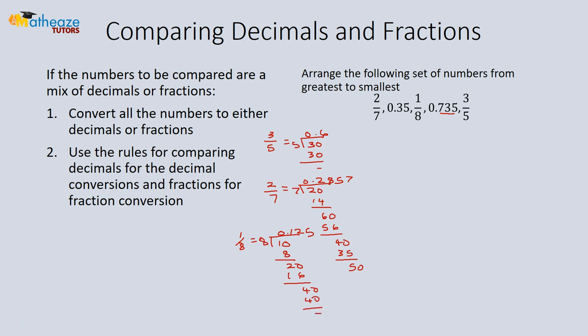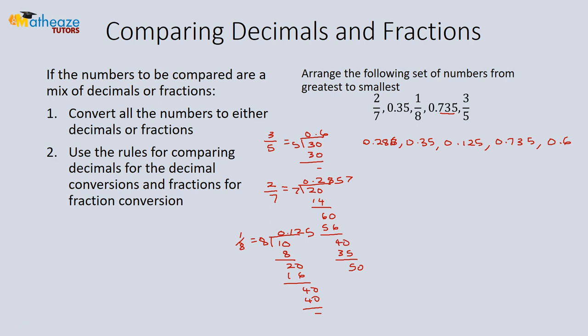So now we're going to replace all of this with just decimals. So 2 over 7, I'm just going to use 0.287, or 286 rather, 0.286, 0.35, 0.125, 0.735, and 0.6.